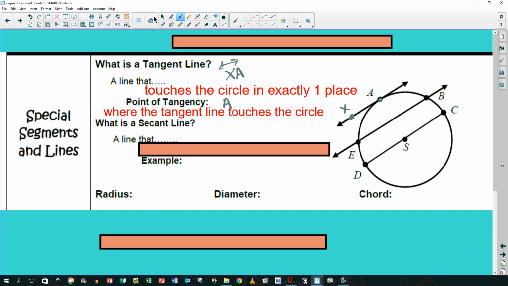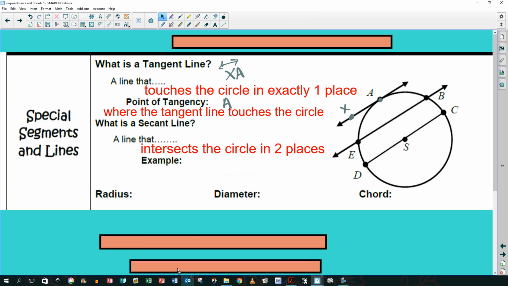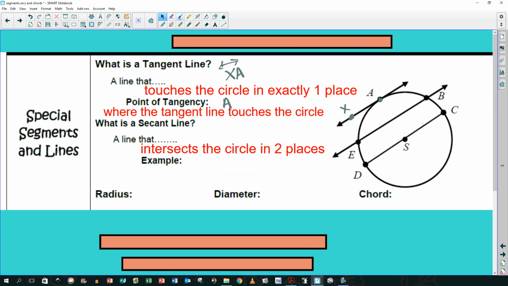A secant line intersects the circle in exactly 2 places. So for example, EB. So EB would be a secant line. Okay. So radius, obviously the radius starts at the center and goes to the edge. So in this picture we have 2. We have SC and we have SD.